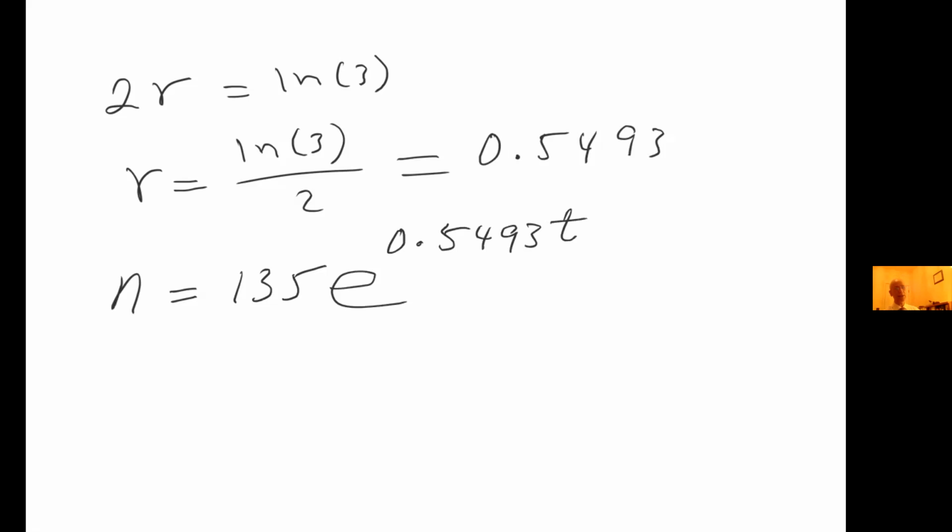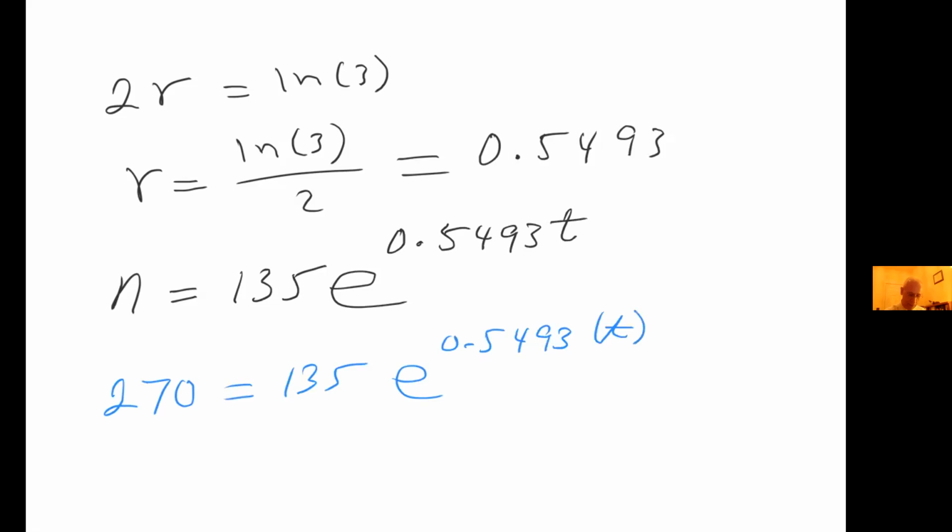So the question is asking, what's the time that the population doubles? Well, double of 135 is going to be 270. So we are interested in when N is 270. So 270 equals 135 e to the power of 0.5493 t. And now all I have to do is solve for t.